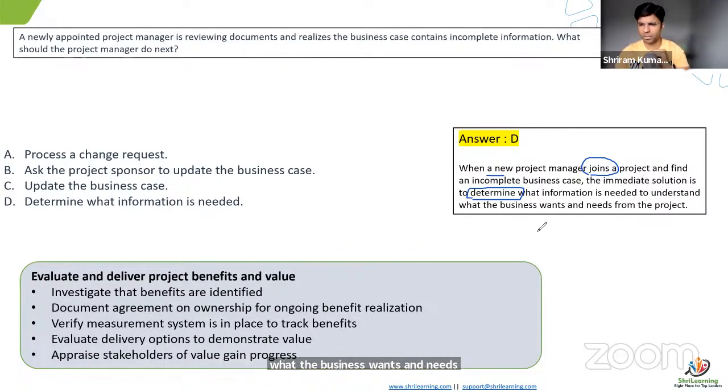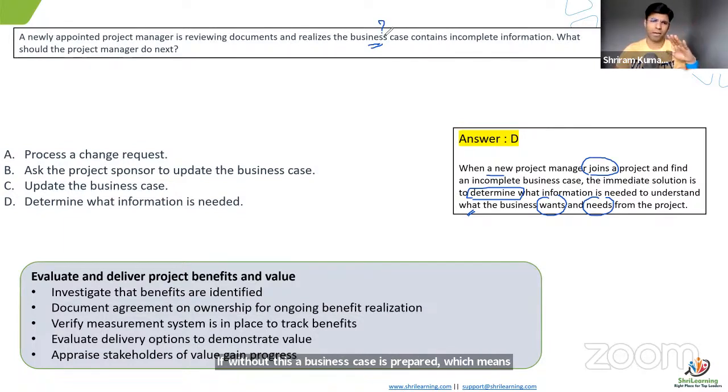I'll be so surprised if a business case is prepared without this, which means the previous manager has not done the job properly, or before the business case was even completed, this manager started the evaluation. Either way, something has gone wrong. So we have to look at the process improvement also.